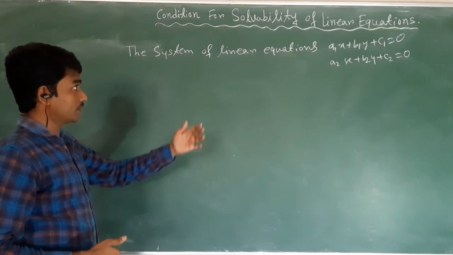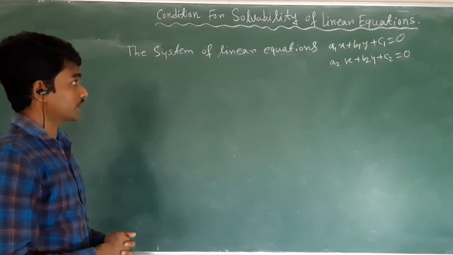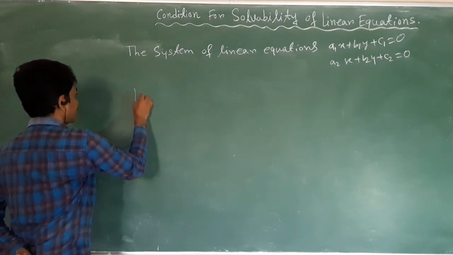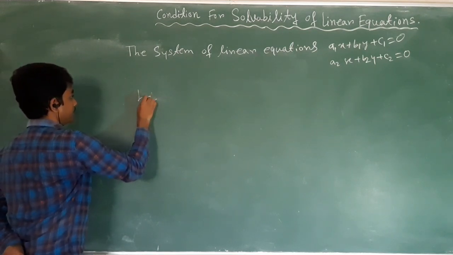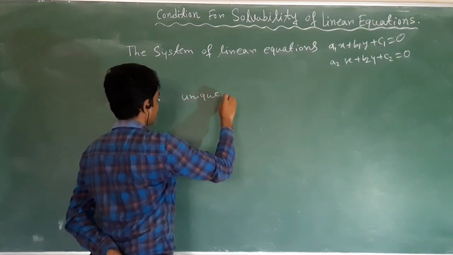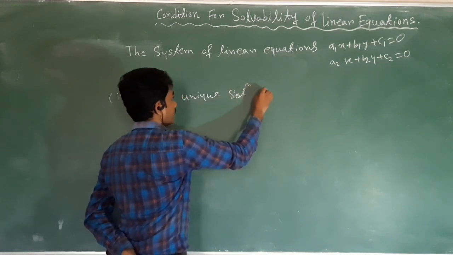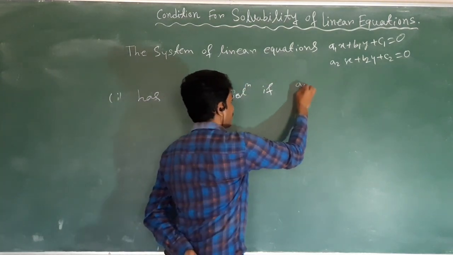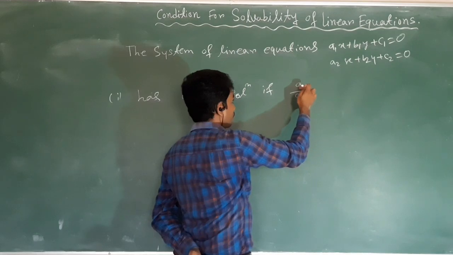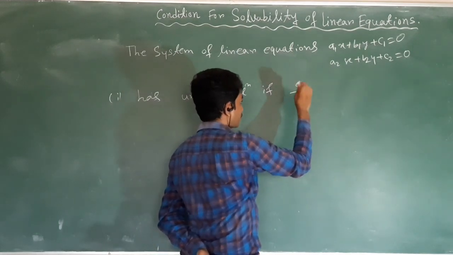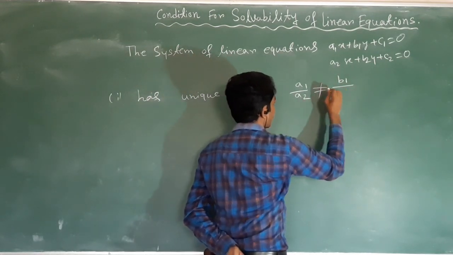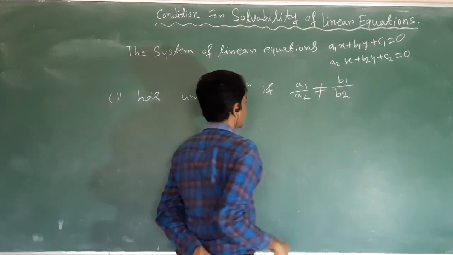A system of linear equation is said to be inconsistent if it has no solution. A system of linear equation a1x plus b1y plus c1 equal to 0 and a2x plus b2y plus c2 equal to 0 has unique solution if a1 upon a2, that is coefficient of x in equation 1 upon coefficient of x in equation 2, is not equal to the coefficient of y in equation 1 upon the coefficient of y in equation 2.